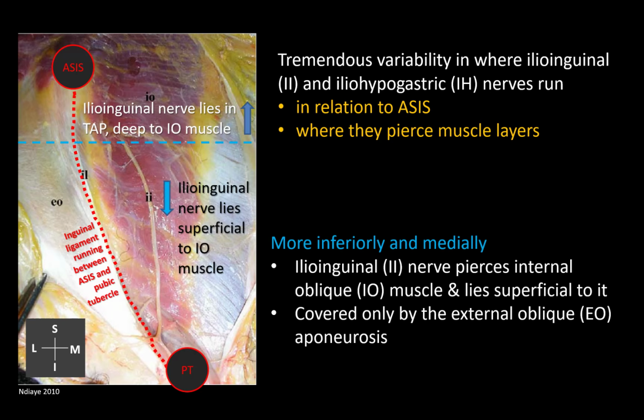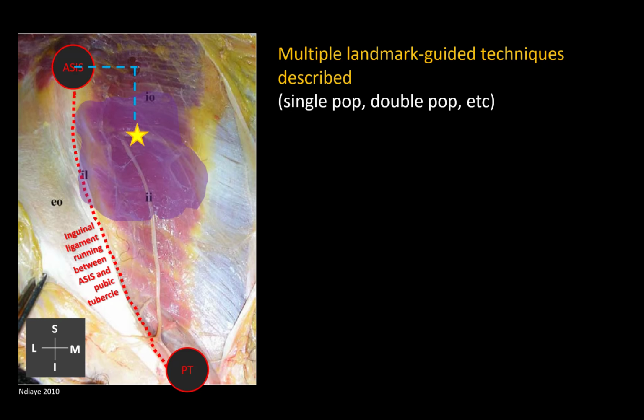Certainly at some point inferior and medial to the ASIS, the ilioinguinal nerve will leave the TAP plane and pierce internal oblique to lie on top of it, where it will be covered only by the external oblique, which is itself an aponeurosis and not a muscle in this area. This explains the many different landmark-guided techniques that have been described over the years, all of which involve an injection point medial to the ASIS and usually inferior to it, but differing in the tactile endpoints that are recommended.